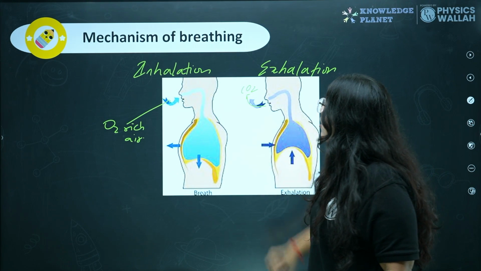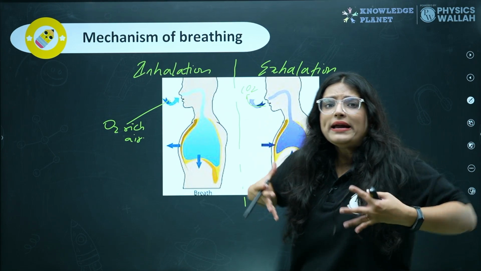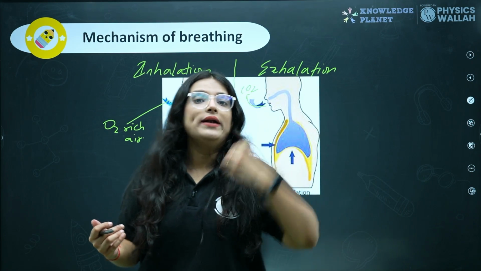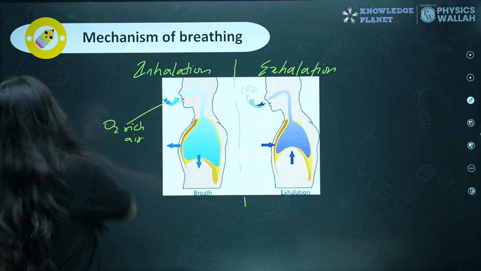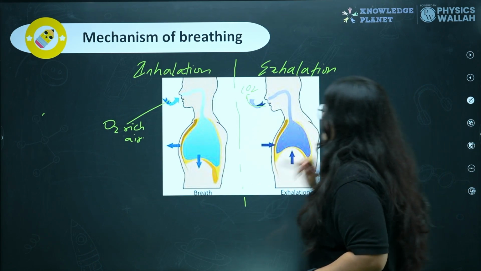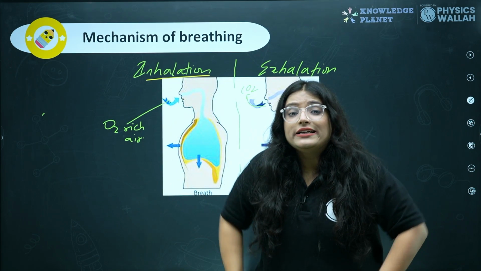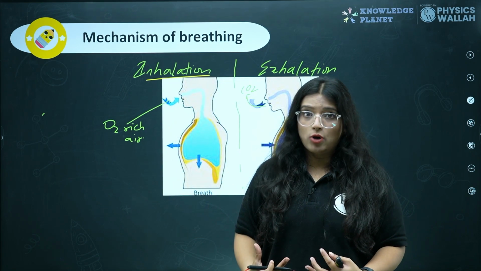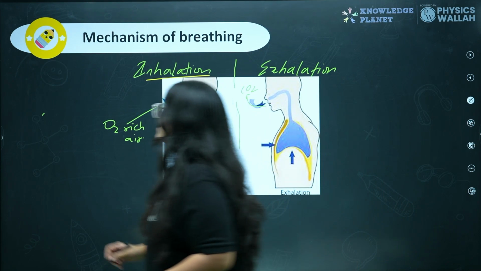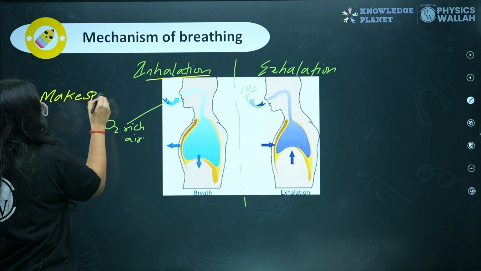For this process to happen, of course, we have to make space for the air to enter. Let's talk about the mechanism of breathing. For inhalation, remember, we are taking air inside our body, so we have to make space.